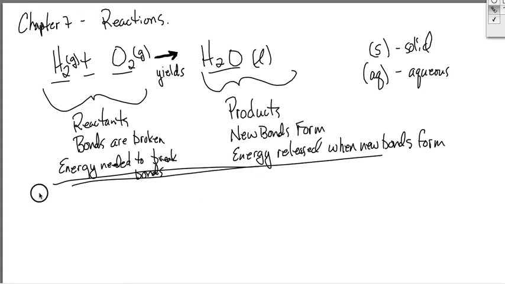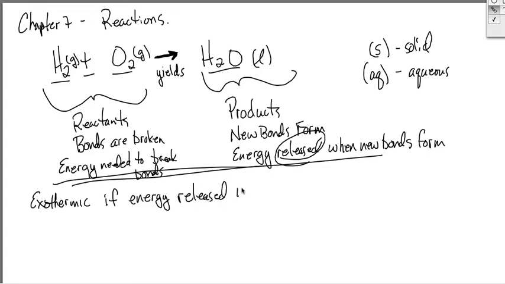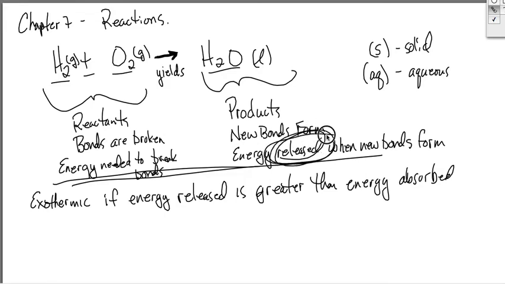It is going to be an exothermic reaction if energy released is greater than energy absorbed. Okay? So if the new bonds release more energy than the energy needed to break the reactant bonds, then the overall reaction is going to be exothermic. So energy is going to be released as a result.